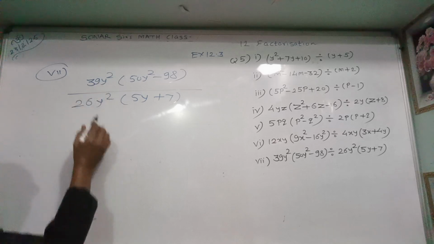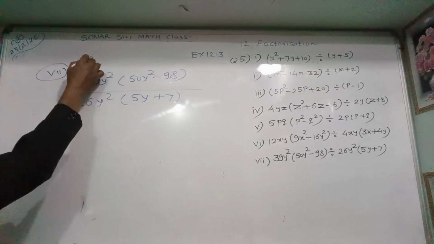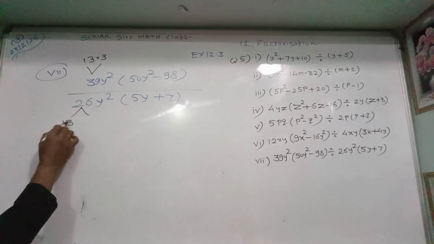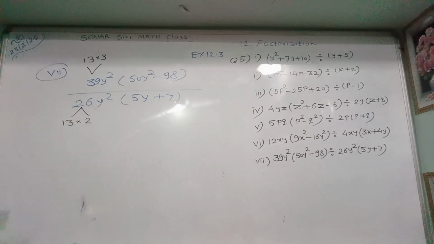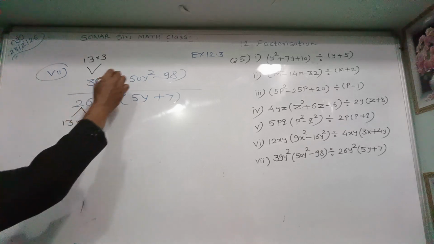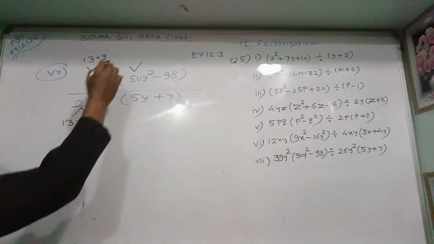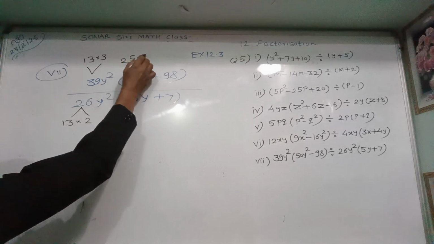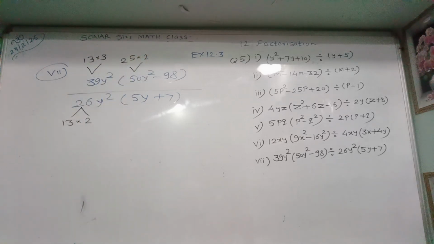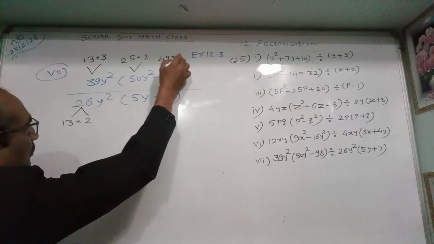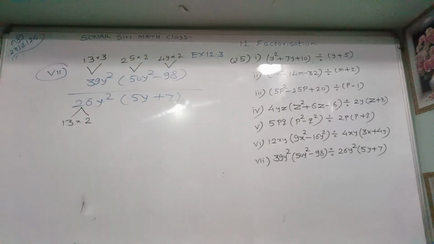Here 39 can be written as 13 into 3. This 26 is 13 into 2. So we factorize it. You see this 50, we can write it as 25 into 2, and 98 can be written as 49 into 2. Now why did I do it like this?